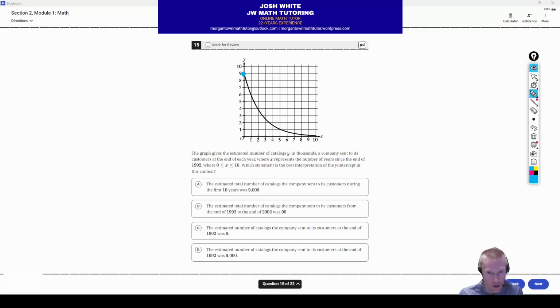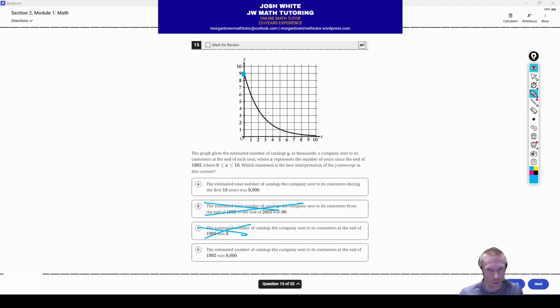So we're looking for something related to that, although it's technically going to be 9,000 because they tell us in the problem that the estimated number of catalogs, which is y, is in thousands. So we're looking for something with 9,000. So we can get rid of C right away. We can get rid of this. Nothing with 9,000 there.